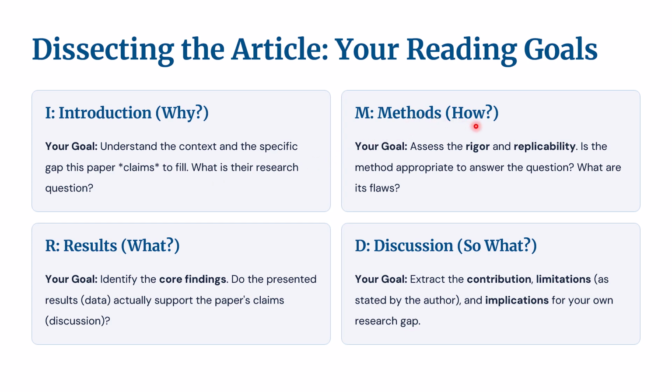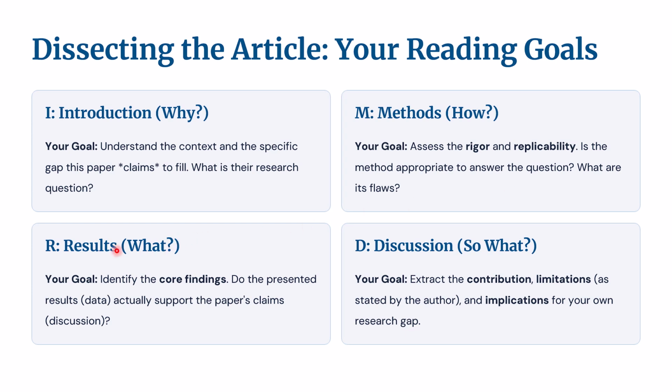Secondly is how. That's the method part. When you are reading the method, you are trying to ask yourself how they conducted that research. The goal here is to assess the rigor and replicability of that research. Is the method appropriate to answer the question? What are its flaws?